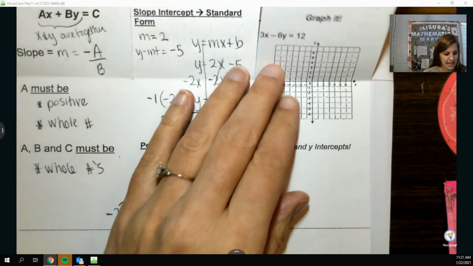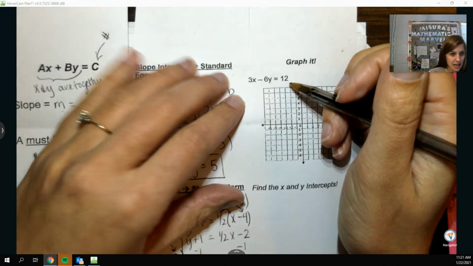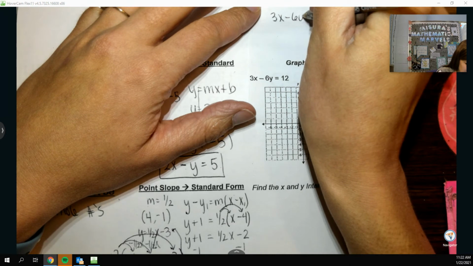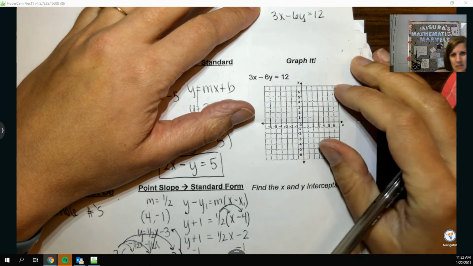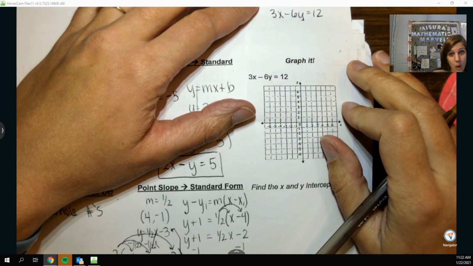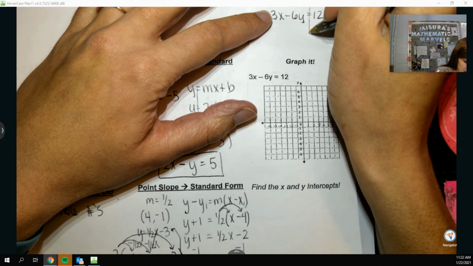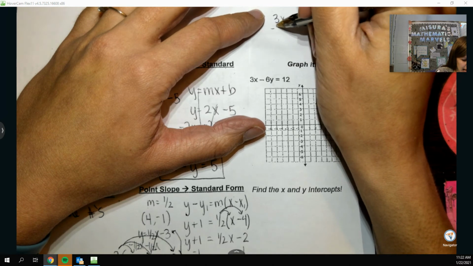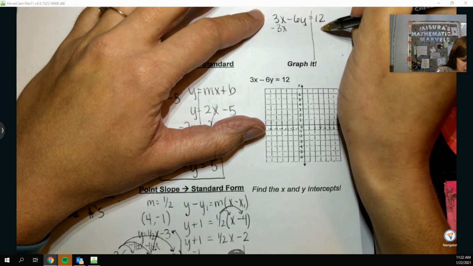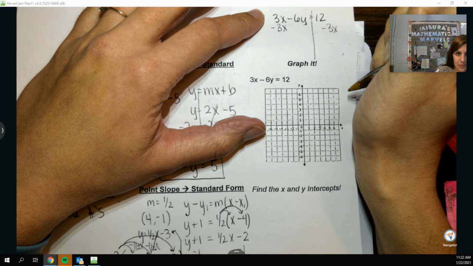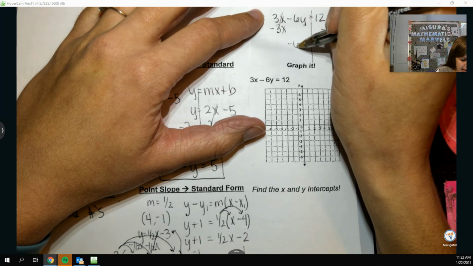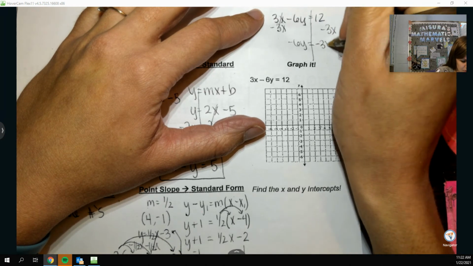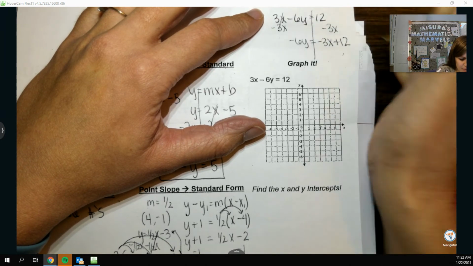The first way that I would suggest is I take my equation that's in standard form and I put it in y equals mx plus b form instead. So I get y all by itself. So to get y all by itself, I need to get rid of the x. So I'll subtract 3x on both sides. And we'll have -6y equals, now these are not like terms, so I'm just going to write it out, -3x plus 12.